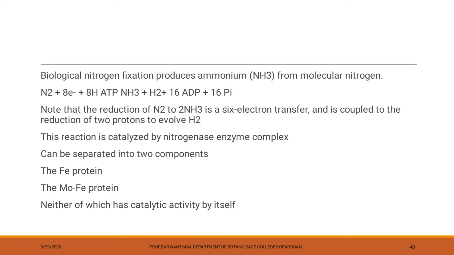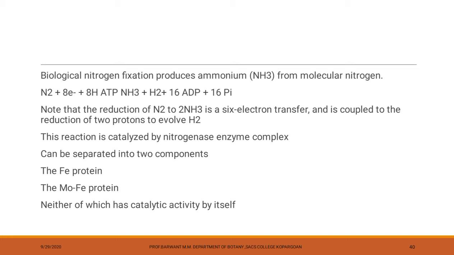Biological nitrogen fixation produces ammonia from molecular nitrogen. How does it produce it? Let's see. Nitrogen reacts with 8 electrons plus 8 hydrogen in the presence of ATP, giving 2NH3, H2, 16 ADP and 16 Pi.